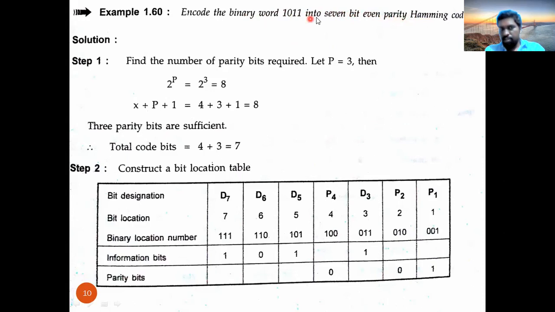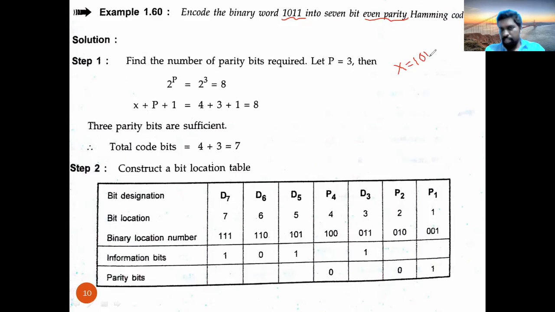First of all, you should know the given information, and you should know which parity is asked. The basic information needed is what the given information is and what parity is asked. The given information is x equal to 1011.